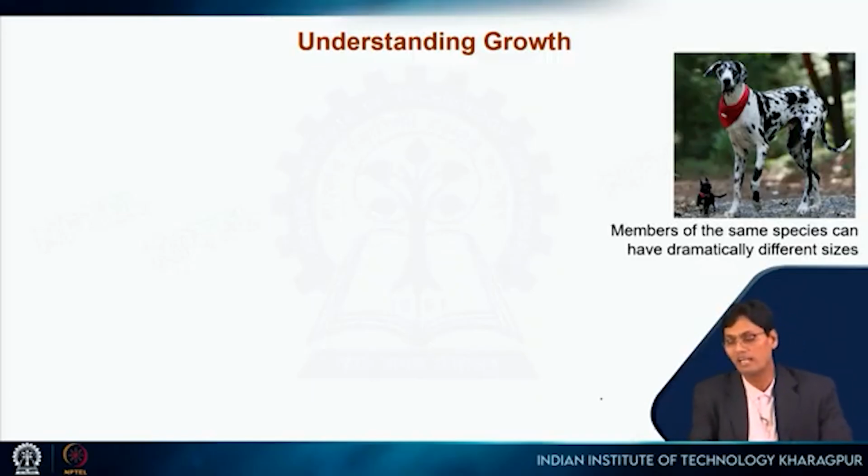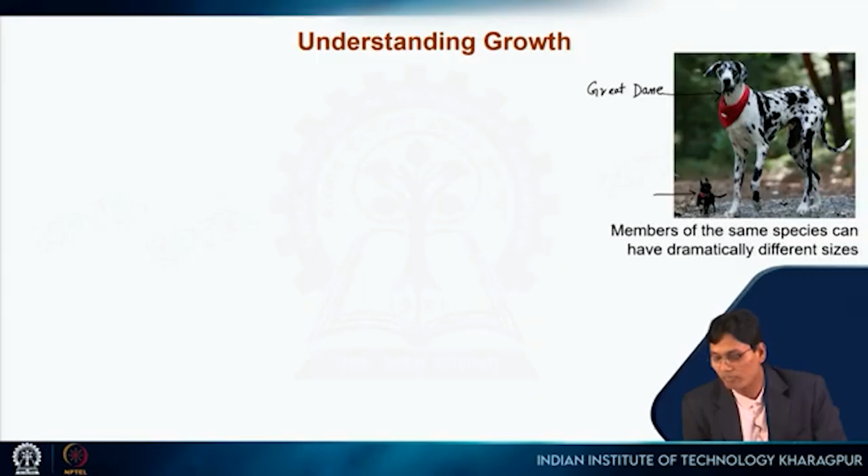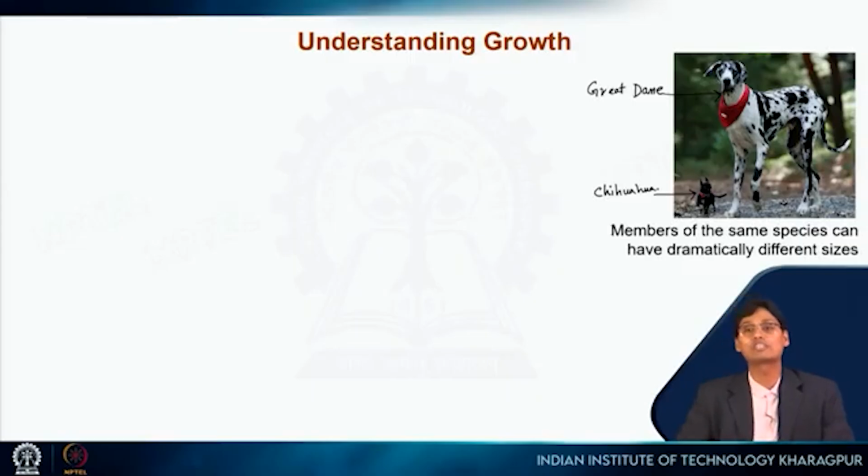For example, here this dog, some of you may know that this is a Great Dane. It's a huge dog, Great Dane. And here you can see a small dog present also in black color. So this is a Chihuahua. This is just a very small dog actually.